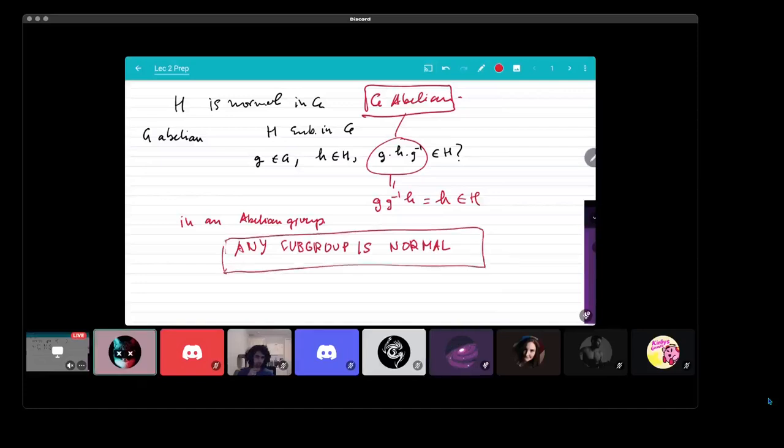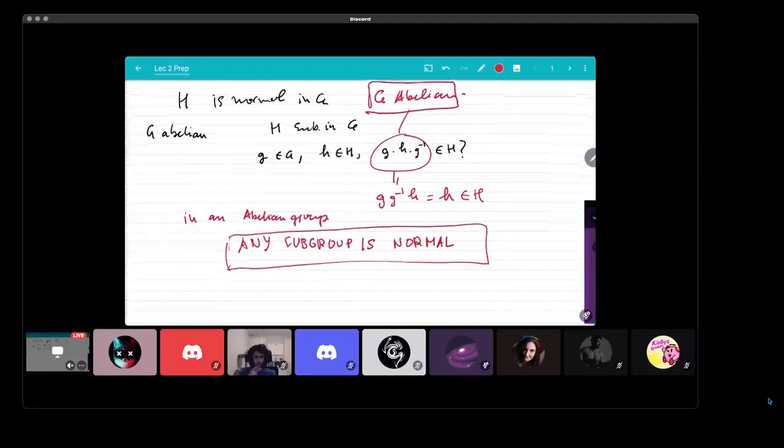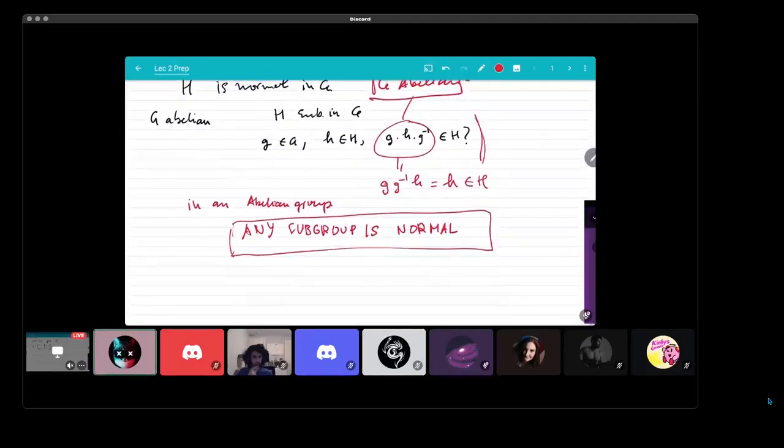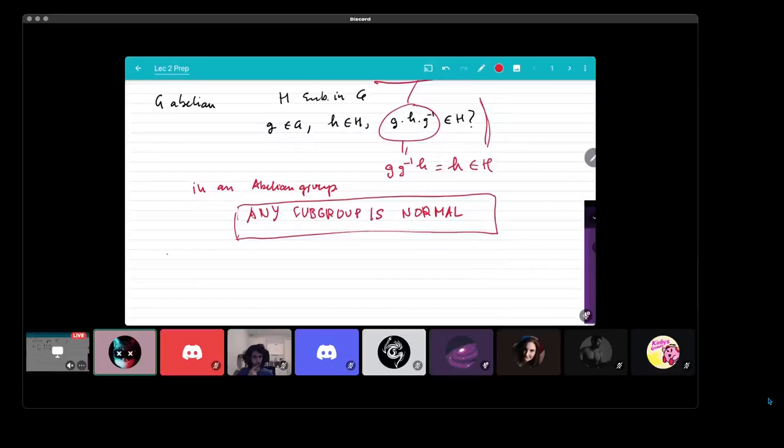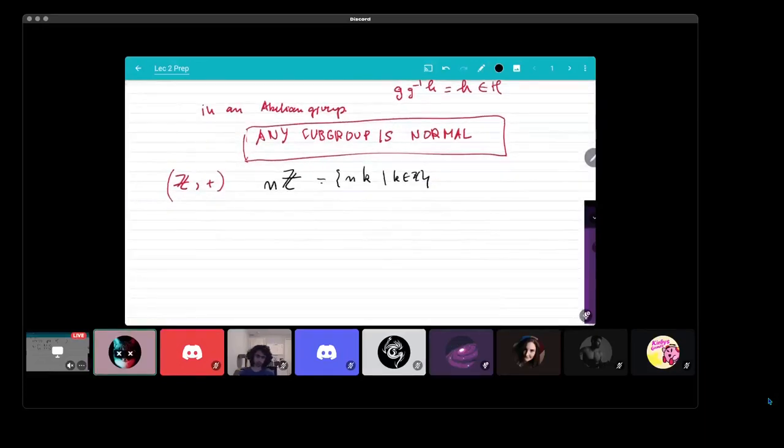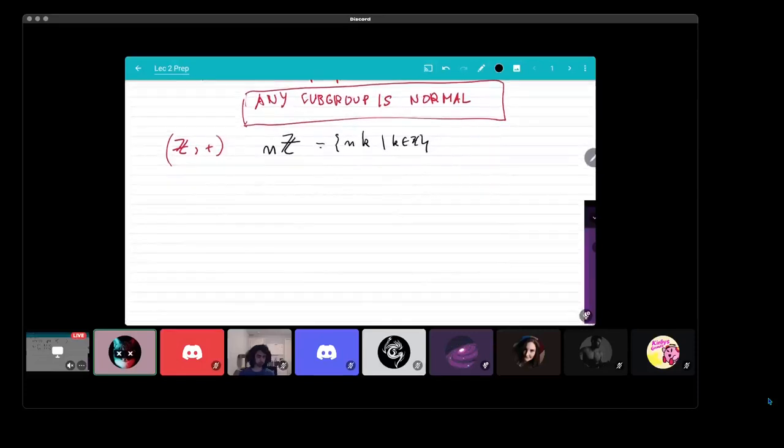So for example, if we want to check this property more concretely, we take the additive group of integers and a subgroup. We've seen that subgroups of the additive integers are of this type. Say the even numbers, the subgroup 2Z, even integers.